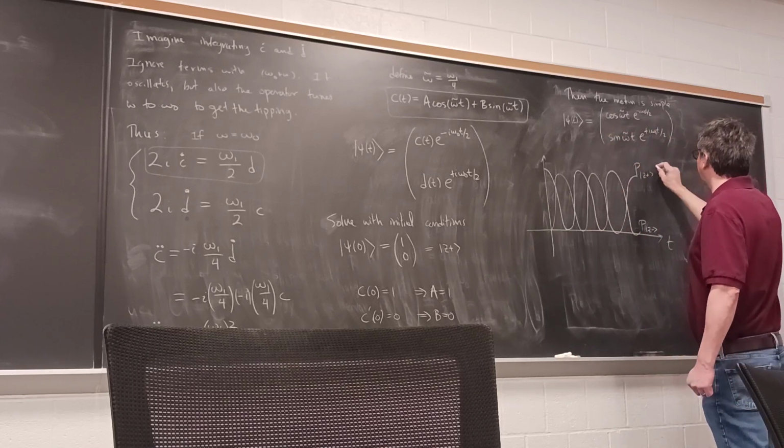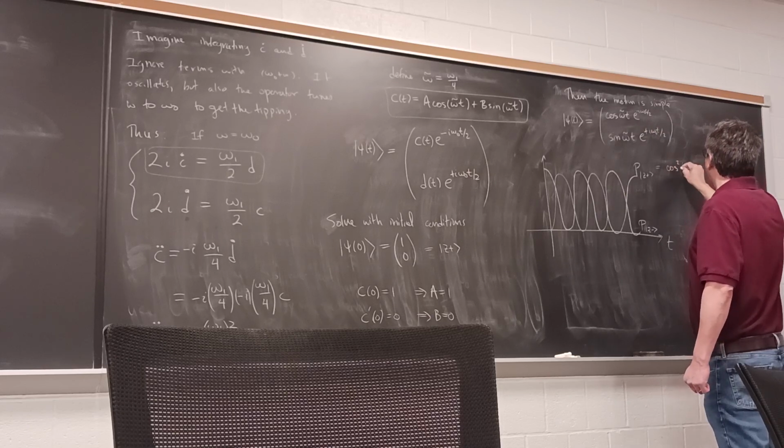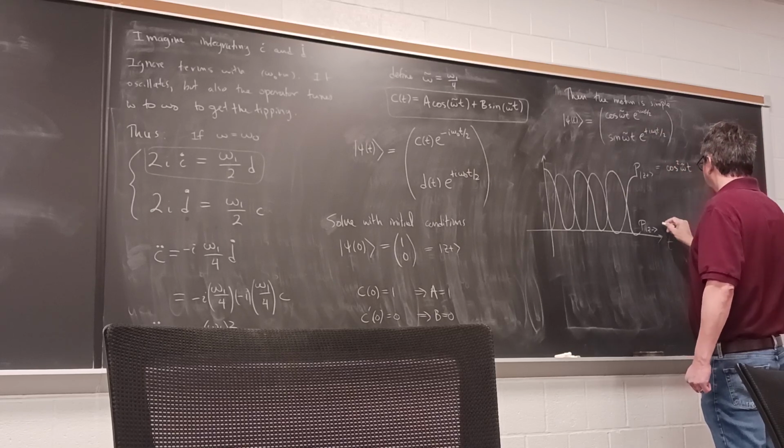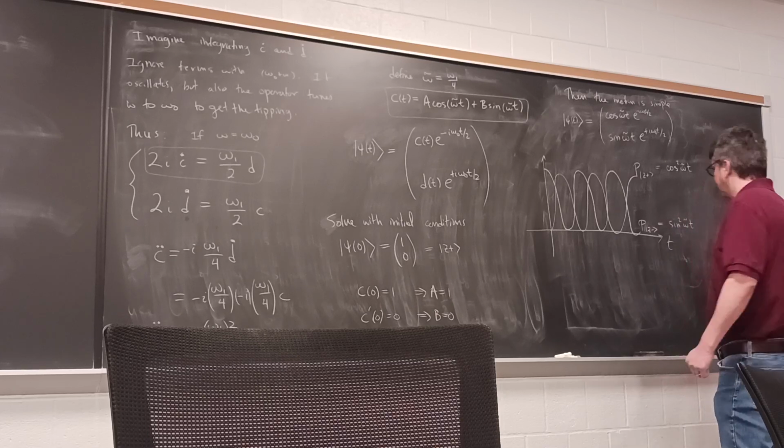These amplitudes are, for z plus will be cosine squared omega tilde t, and this will be sine squared omega tilde t.